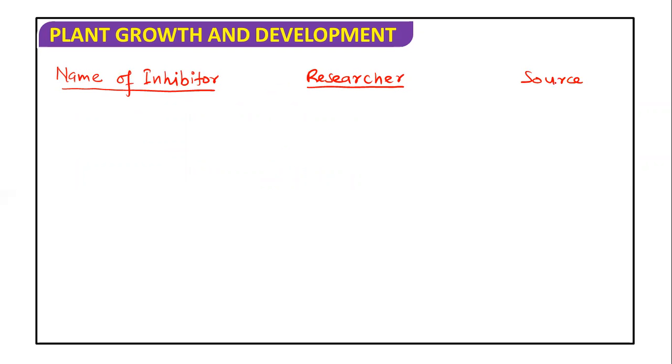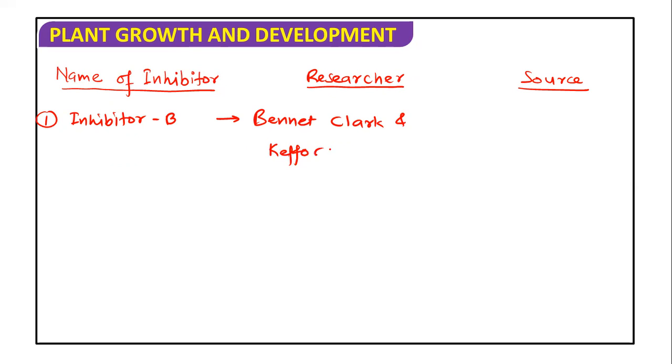Now, if we talk about these inhibitors, the name of the inhibitor, the name of the researcher, and the source from where the inhibitor was synthesized, then first is inhibitor B. This inhibitor B was discovered by Bennett, Clark and Kefford, specifically in dormant potato tubers.